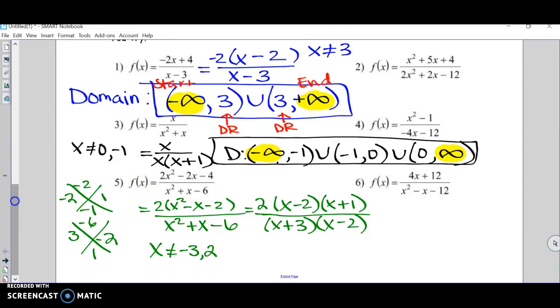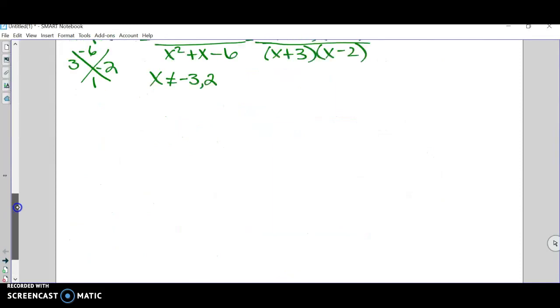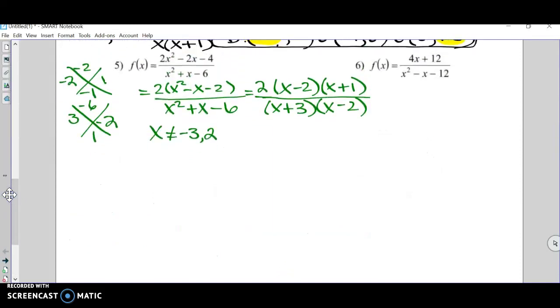Let me give myself some room. I like to think that I can write small, but I can't. All right. So I got my domain restrictions. Can I find domain now? So what do I start with? Negative infinity, right? Who comes first on the number line from the left, negative 3 or positive 2?